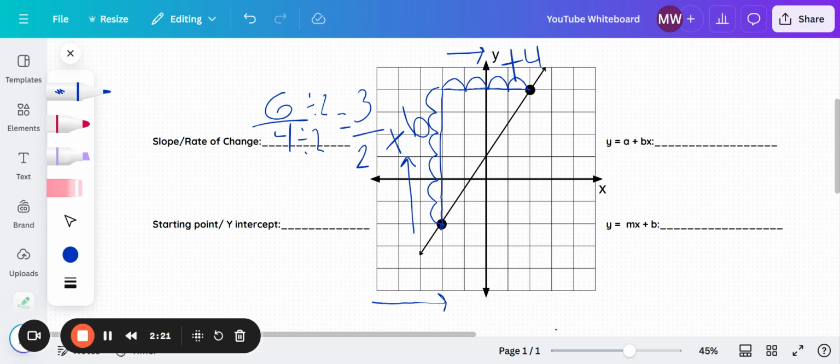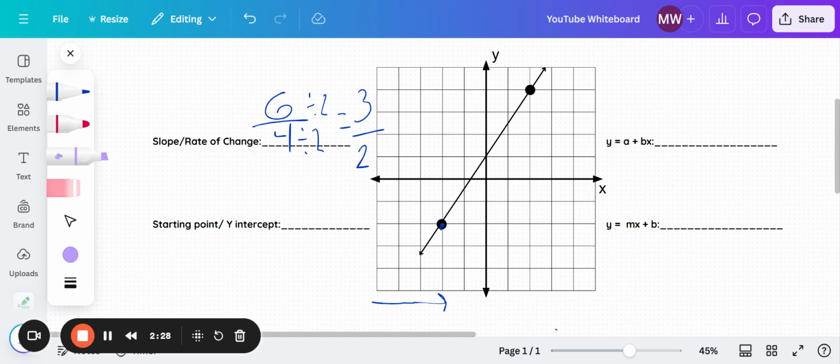Next, I'm going to work to find our starting point, or our y-intercept. So to find our y-intercept, first we have to find our y-axis. That's this one, the one that goes up and down. So now that I found my y-axis, I need to figure out where my line hits that y-axis. Where do those two things touch?